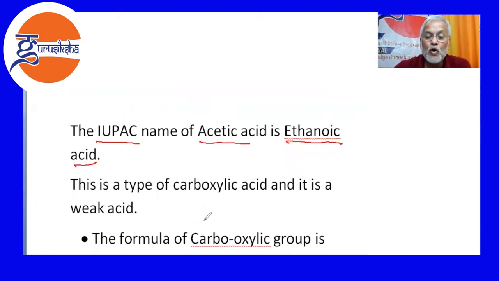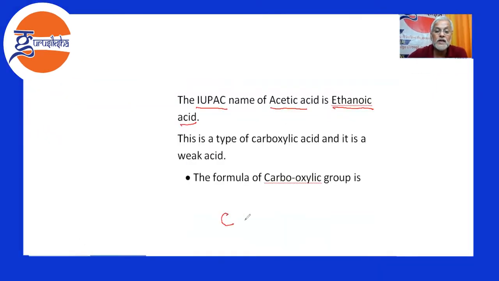The formula of the carboxylic group is C dash C, double bond O, then OH. This is the carboxylic group.